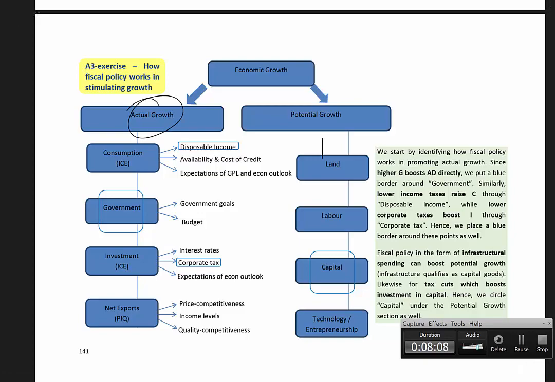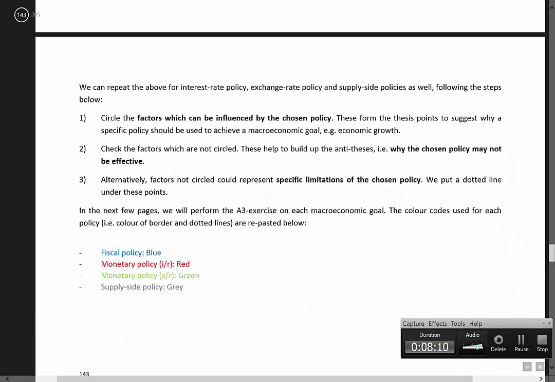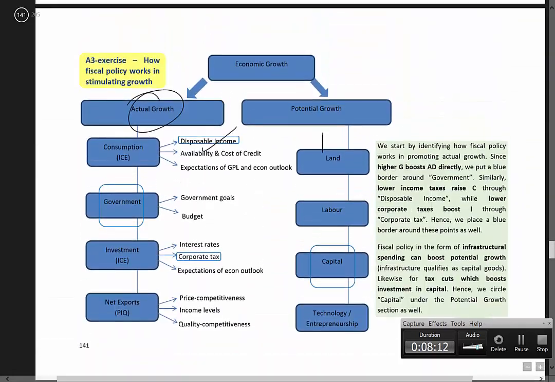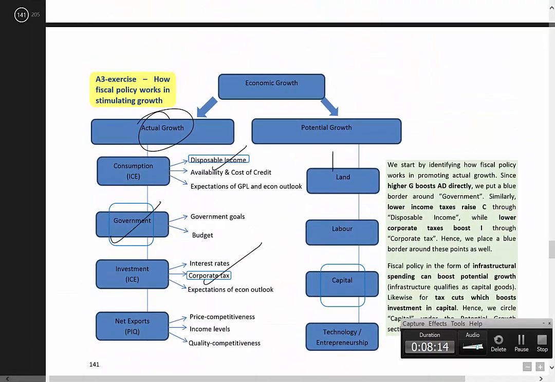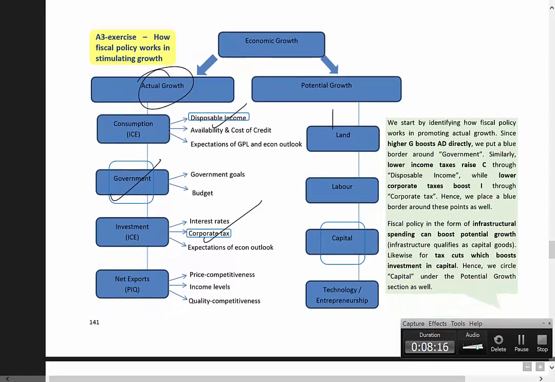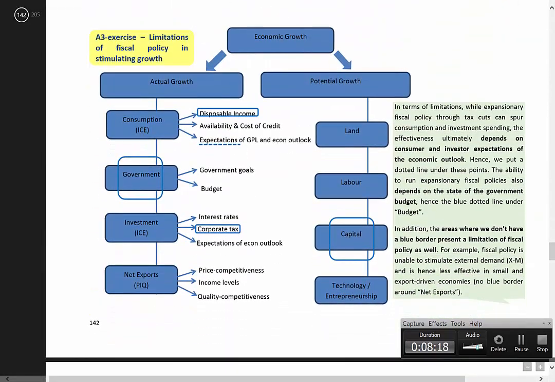So a change in fiscal policy can affect income, government spending, or the level of corporate taxes, right? But we recognize that there are limitations. So it depends on expectations as well, and the availability of budget, okay? So these show you the limitations of fiscal policy.